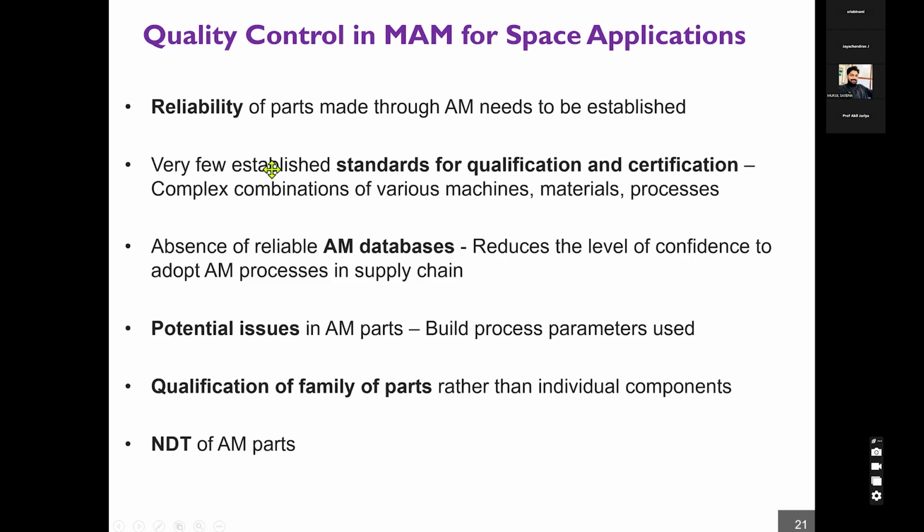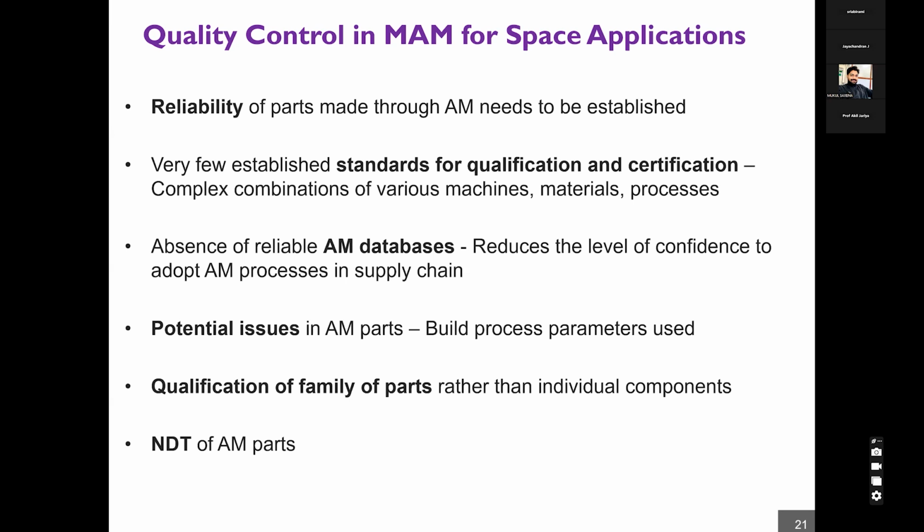And also, there are very few established standards for qualification and certification as of date. And also, we are looking at complex combinations of various machines, materials, and processes. And since it's a relatively newer process, there's an absence of a reliable database, which reduces the level of confidence to adopt the additive manufacturing process into our supply chain.